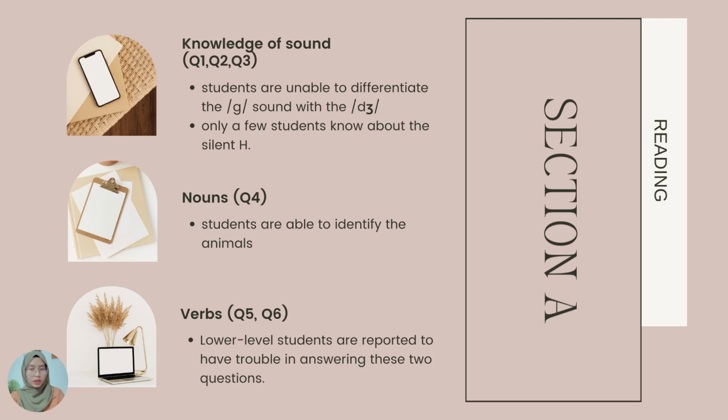Lower level students are reported to have trouble in answering these 2 questions. Hence, the teacher needs to include more activities for them to recognize the vocabulary that they need to master in Year 2. The teacher could use flashcards to practice the vocabulary with the students.